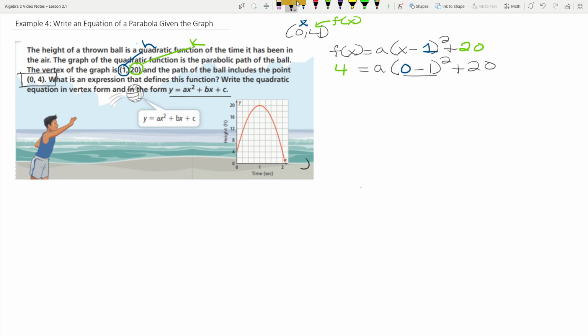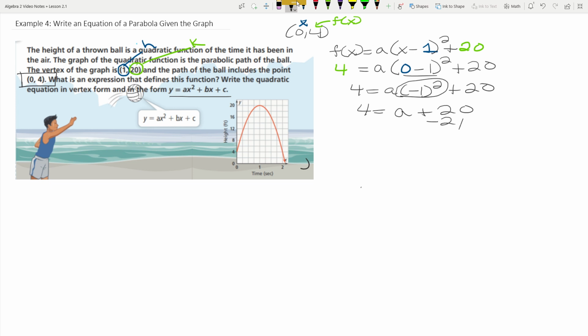This is going to be negative 1, so 4 equals a times negative 1 squared plus 20. Negative 1 times negative 1 is 1, so we get 1a. So 4 equals 1a plus 20. I decided not to write the 1. There's a 1 there, but I'm erasing it, so it's invisible.